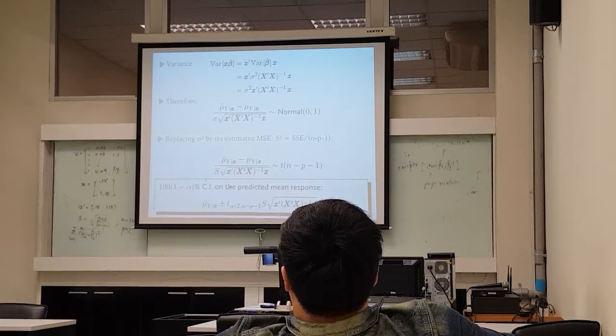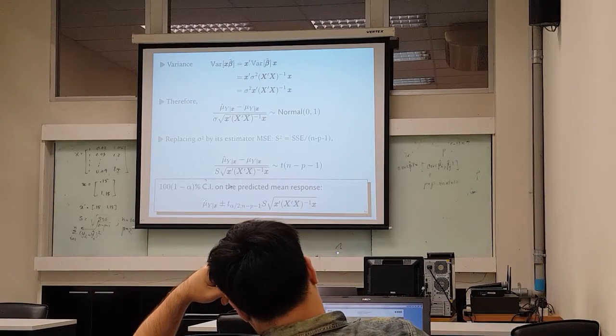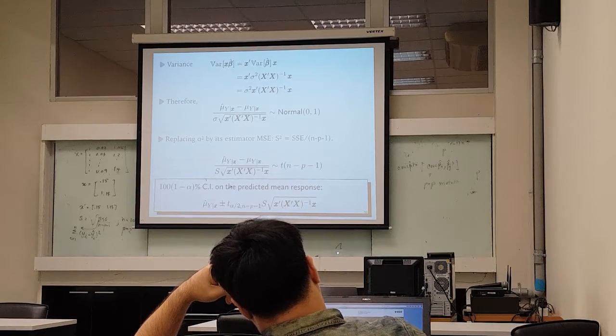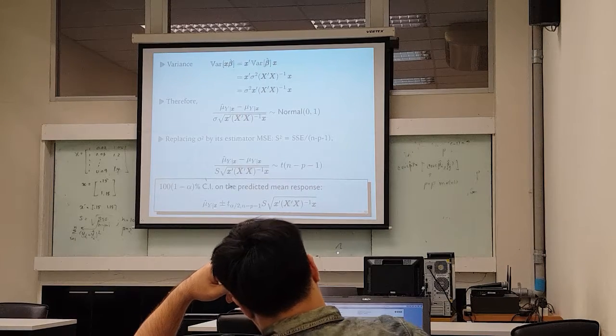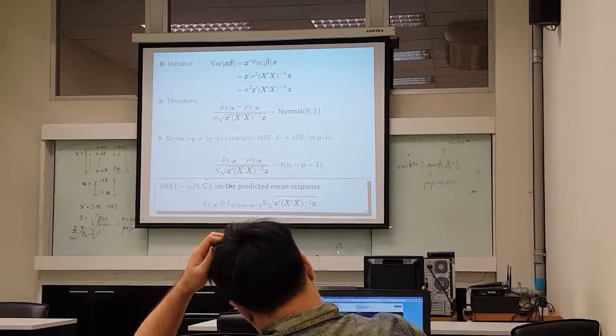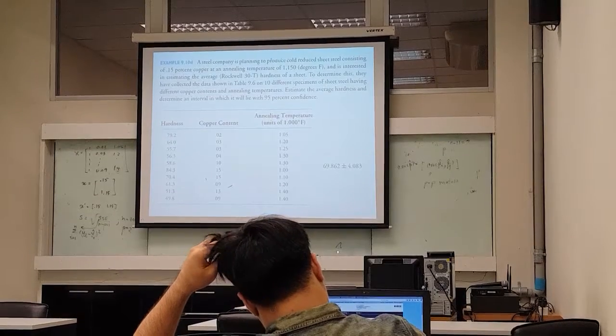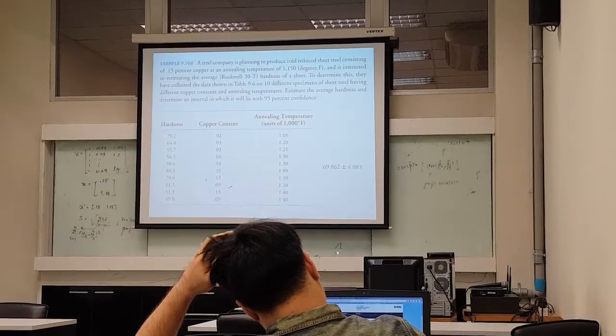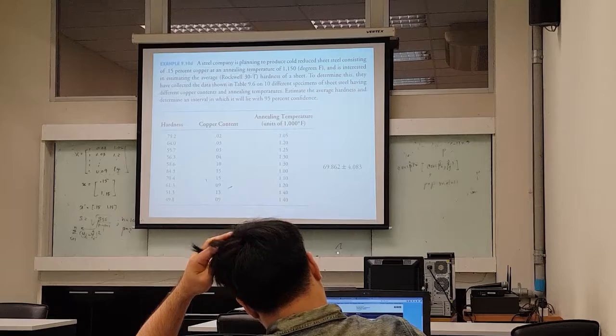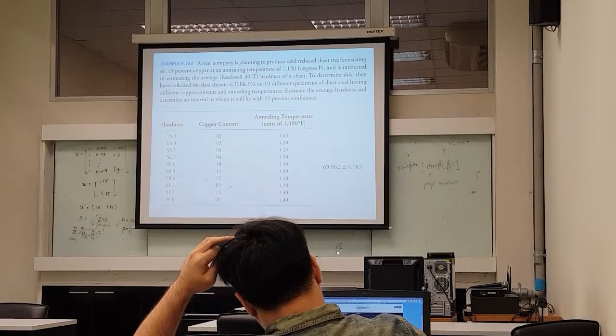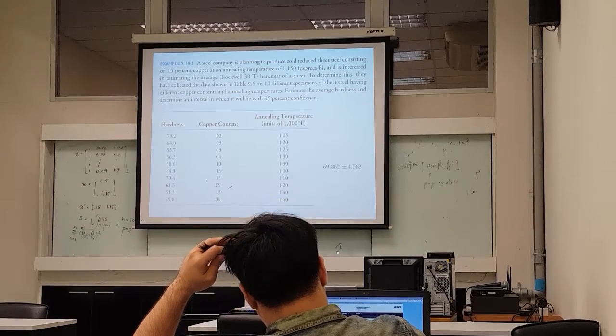So this mu hat is the mean response given observation x. You just plug this value of x into the regression model, plus or minus this term. So this is the result. You plug x1 equal to 1.5 and x2 equal to 1.15 into this equation.